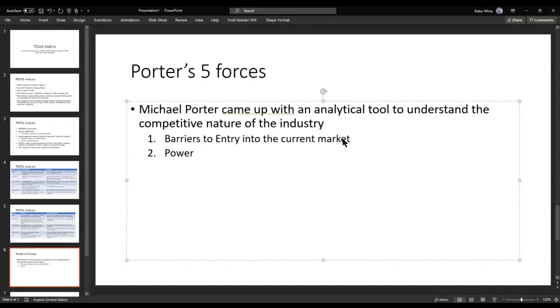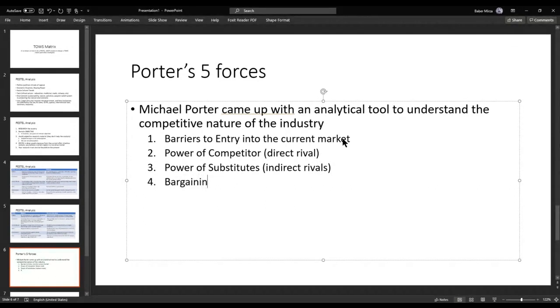Power of competitors, direct rivals. Power of substitutes. Bargaining power of customers: economic value, demand.